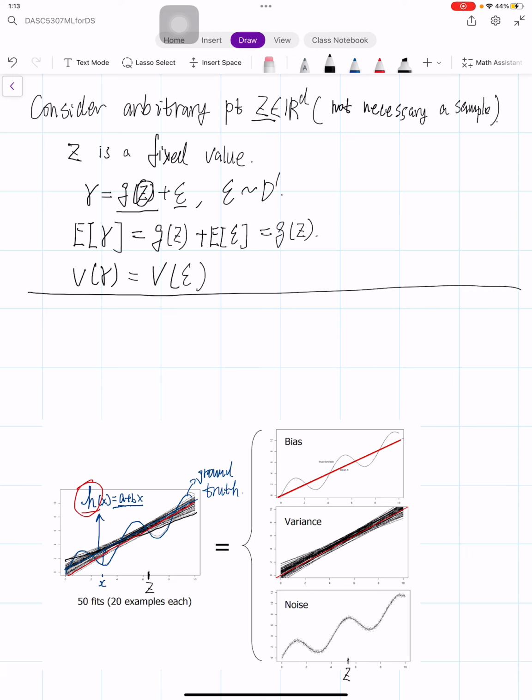Okay, so next the plan is we want to find the risk. Here we assume the risk function is a squared error loss.